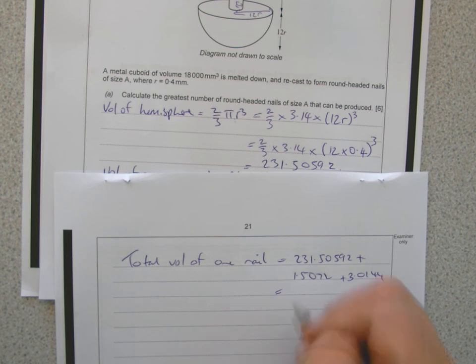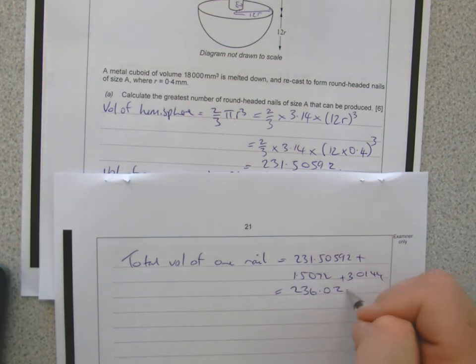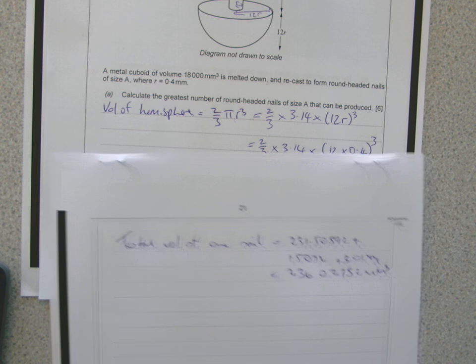So we do that on my calculator, I get 236.02 millimeters cubed, or go a bit more accurate if you want, 236.02752 millimeters cubed.